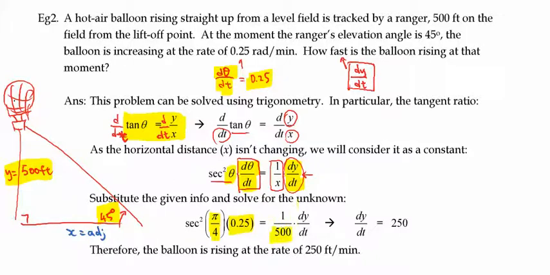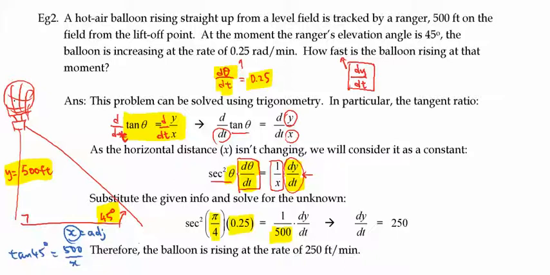And for the x, at this point, when the ranger is standing somewhere that has an elevation angle of 45 degrees, you can then calculate this adjacent side using tangent 45 equals opposite over adjacent.